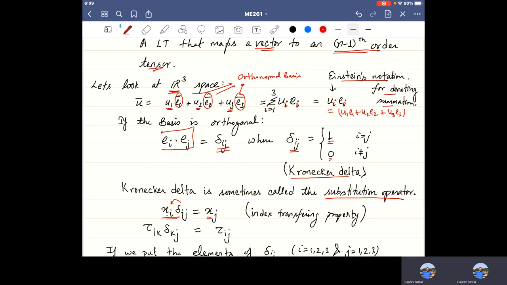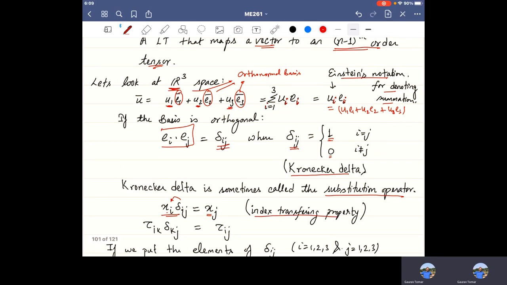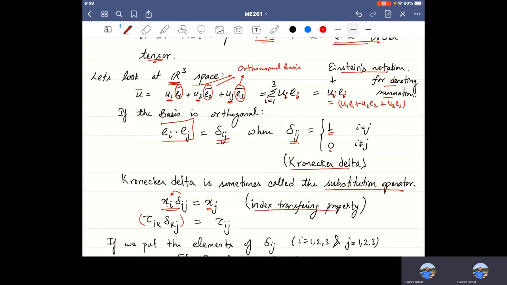So delta ij replaces i with j everywhere i appears. You can also think of it as having an index transferring property. For example, in delta ik delta kj, k is repeated, so it essentially means summation.